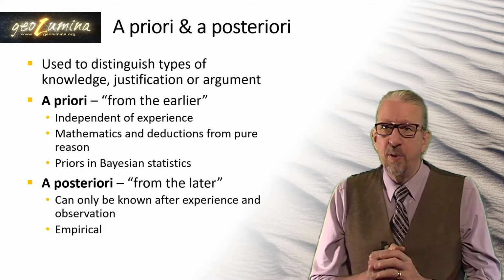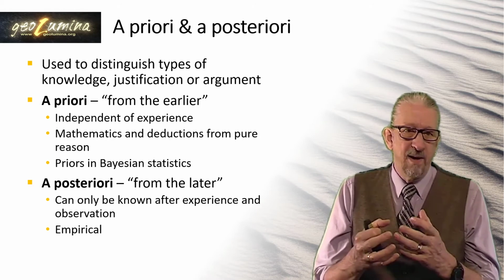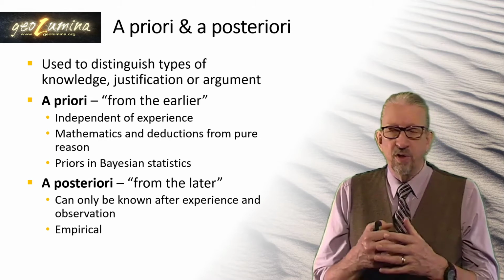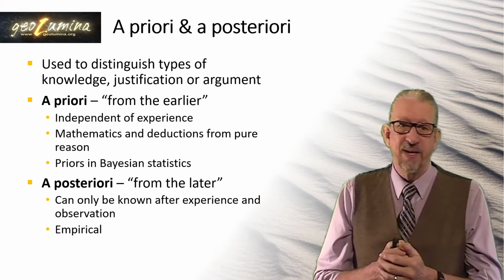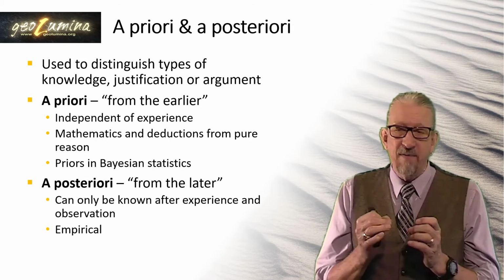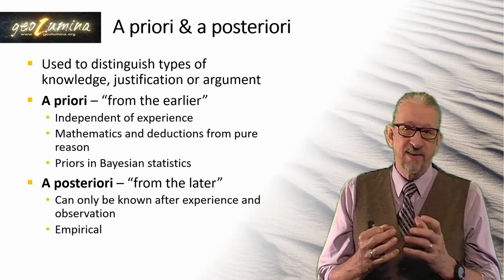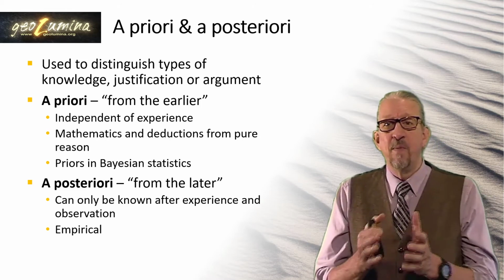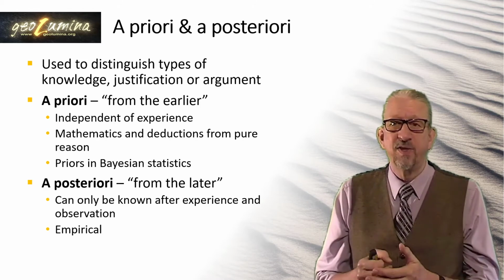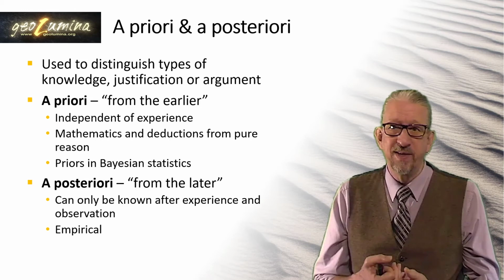Compare that to a posteriori, and this is knowledge or justification of an argument which can only be known after the event. So we have to have the experience, we have to have the observation. It's a conclusion that can only be drawn from making the measurement. It's not something we can conclude based purely on deductive reasoning.